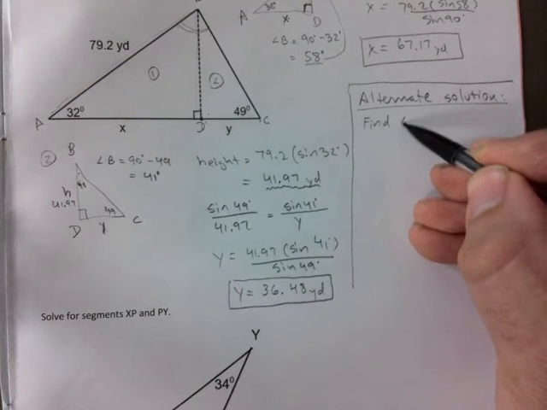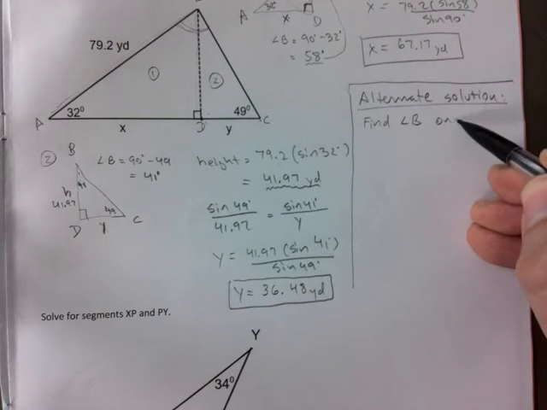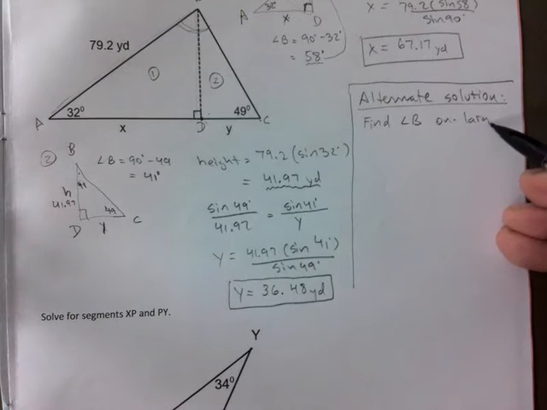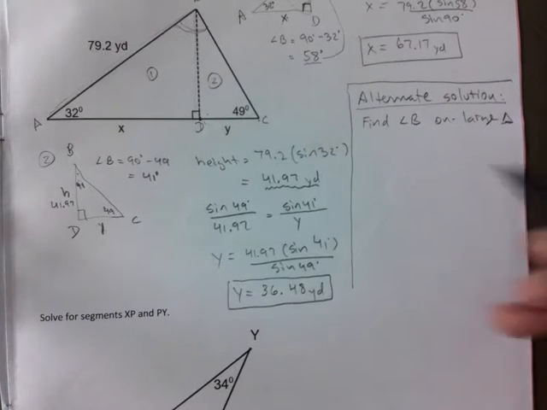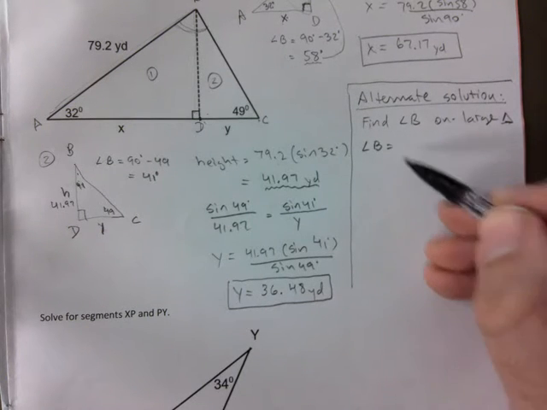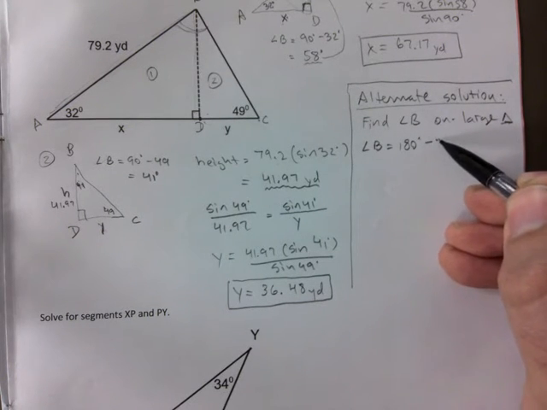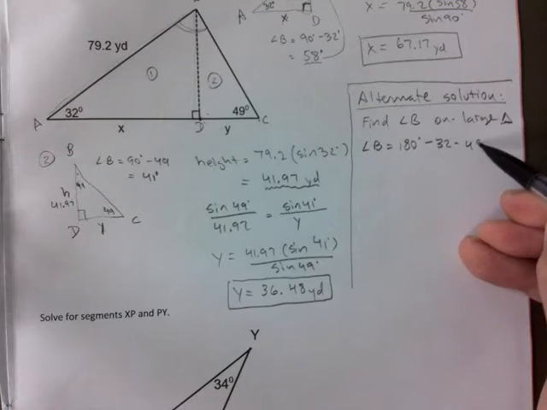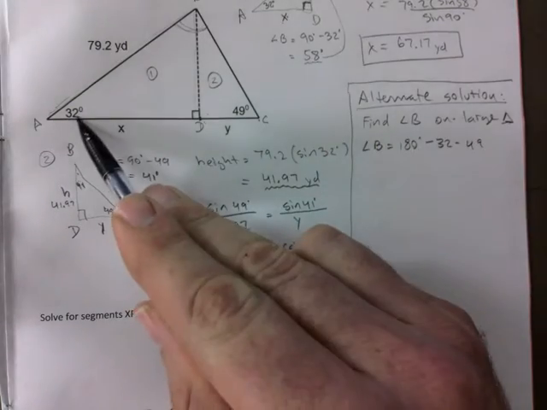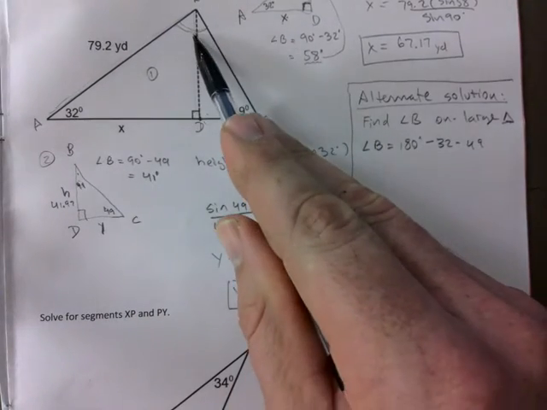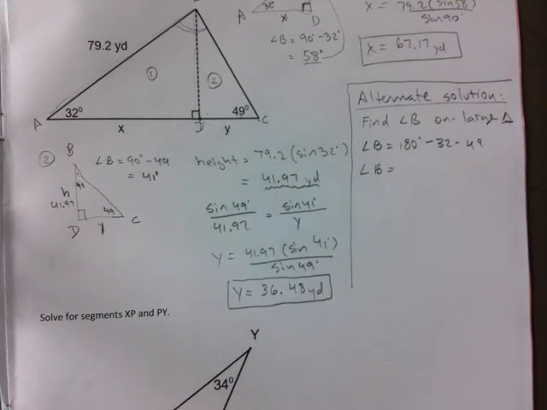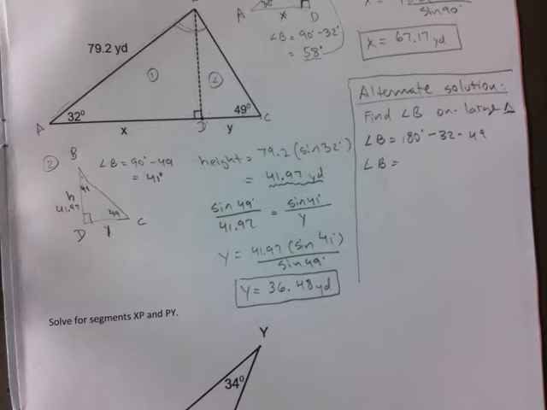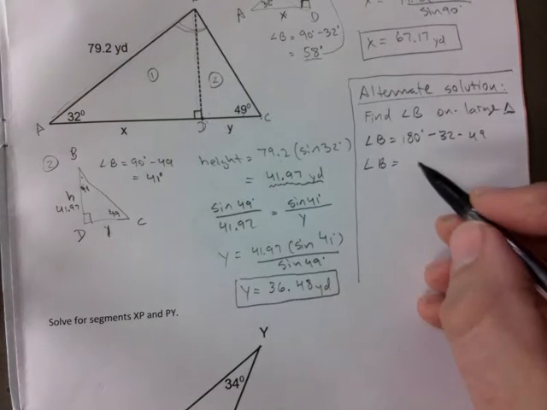Find angle B on the large triangle, right? So angle B is 180 minus 32 minus 49. So I'm going to take these two angles away from 180 to get me that big angle B there. That's 99 degrees.